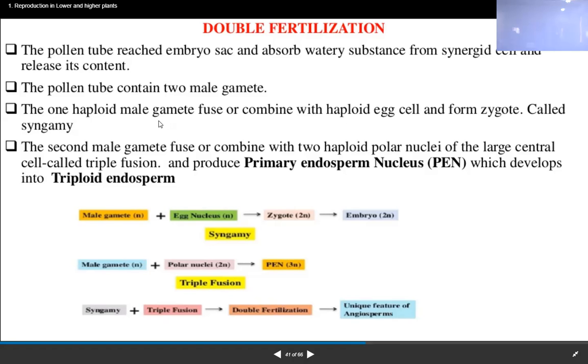The one haploid male gamete fuses or combines with the haploid egg cell to form the zygote, called syngamy. The second male gamete fuses or combines with two haploid polar nuclei of the large central cell, called triple fusion, and the primary endosperm nucleus develops into triploid endosperm.